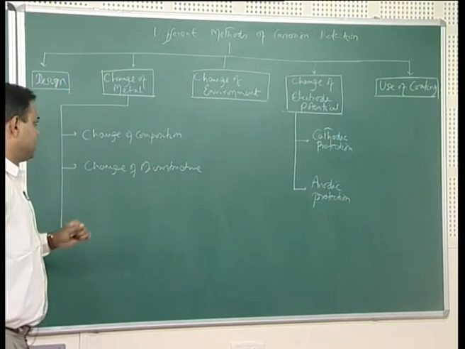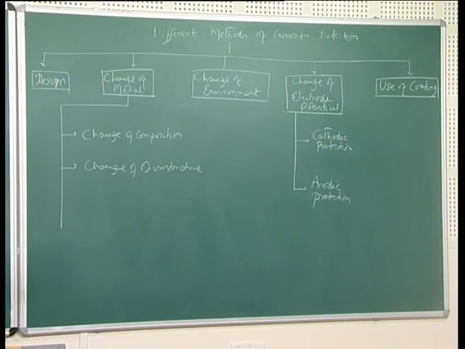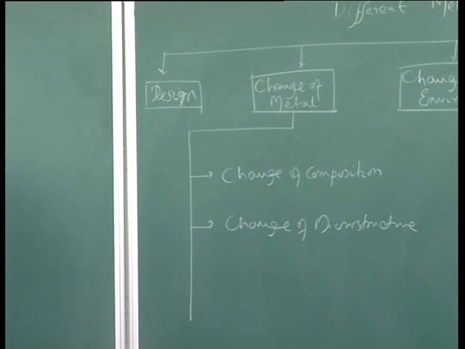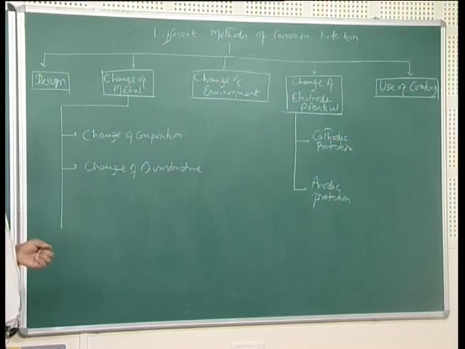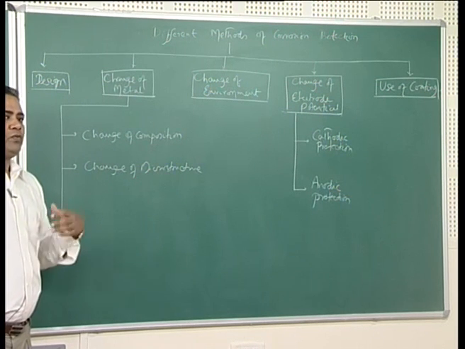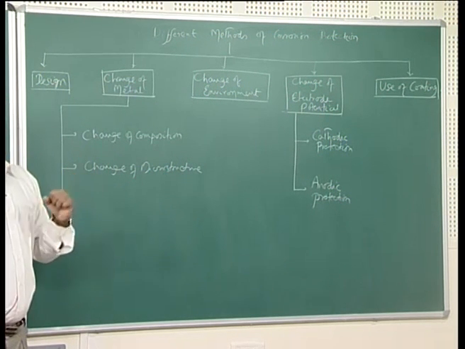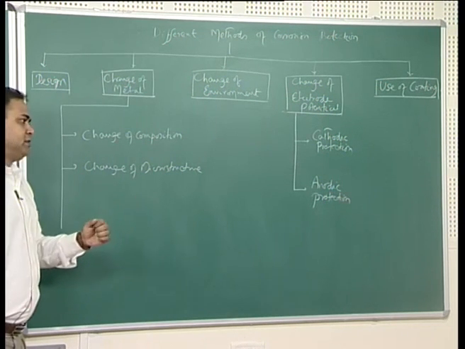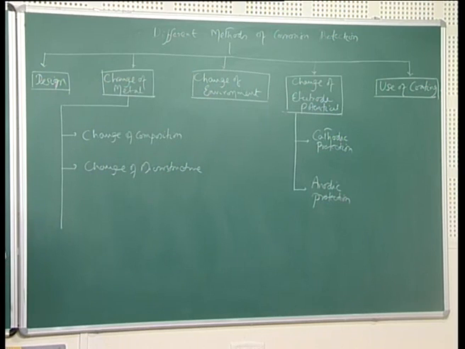Let us say you are considering the intergranular corrosion of 18-8 austenitic stainless steel. There, if you reduce the carbon content below 0.03 weight percent, then we can definitely avoid the intergranular corrosion of austenitic stainless steel, which is having 18 weight percent of chromium and 8 weight percent of nickel. So, change in composition can lead to a better protection against the corrosion.